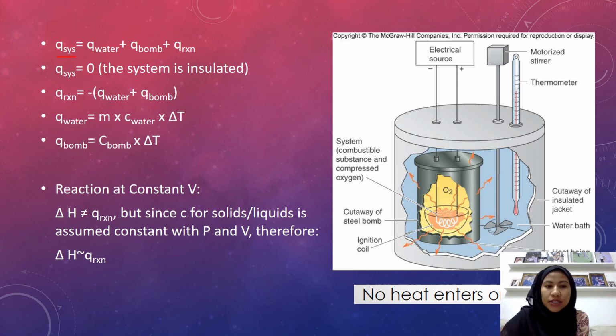For a reaction in a bomb calorimeter at constant volume, the enthalpy change is not equal to the heat of reaction. But since the specific heat for solids or liquids is assumed constant with pressure and volume, we can assume that the enthalpy change is equivalent to the heat of the reaction.